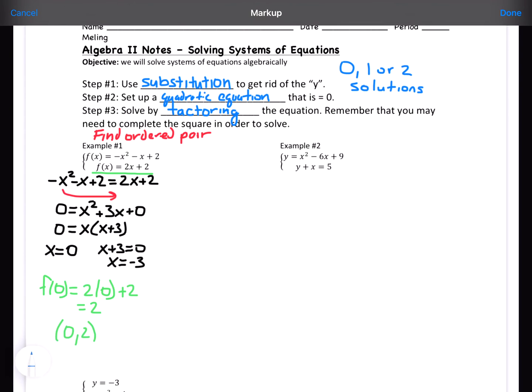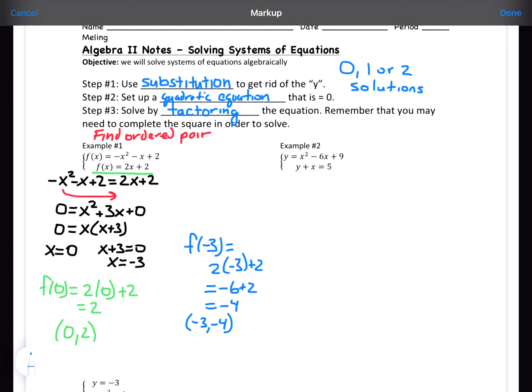And our other point, when we find f of negative 3, is 2 times negative 3 plus 2, which is negative 6 plus 2, or negative 4. So our second point is at negative 3, negative 4.